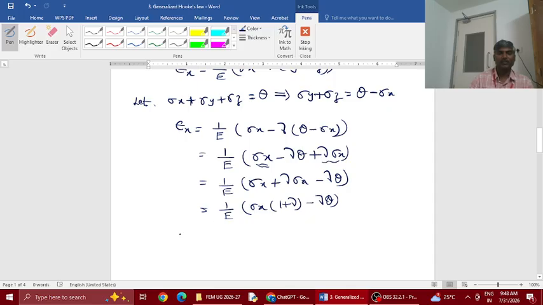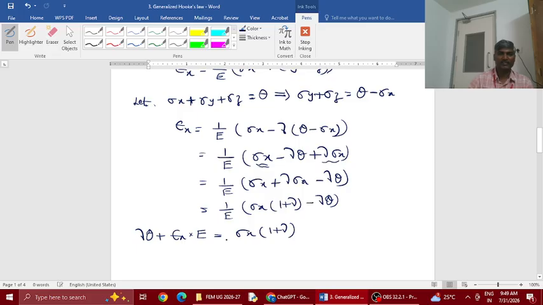So epsilon x, E goes to the left hand side, is equal to sigma x into 1 plus nu. This goes to the left hand side, so it will be nu theta.